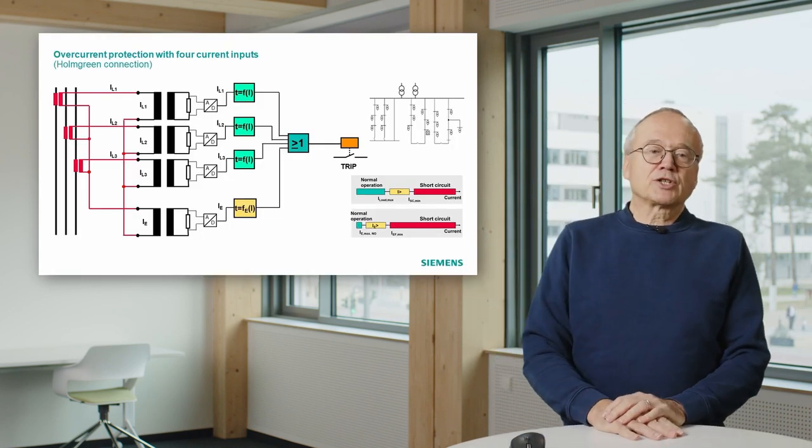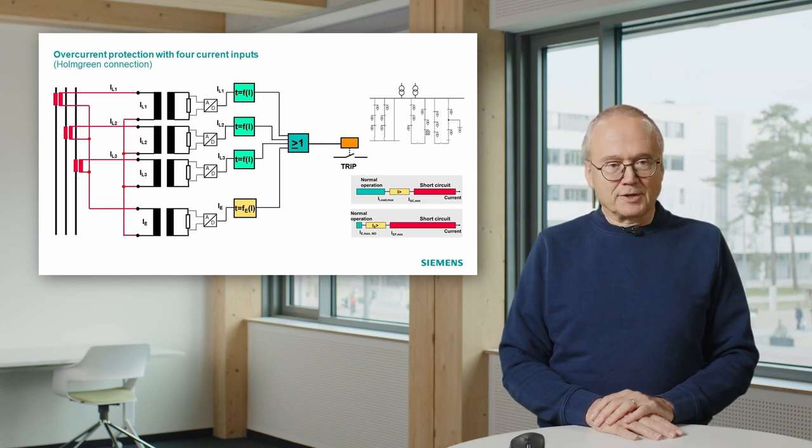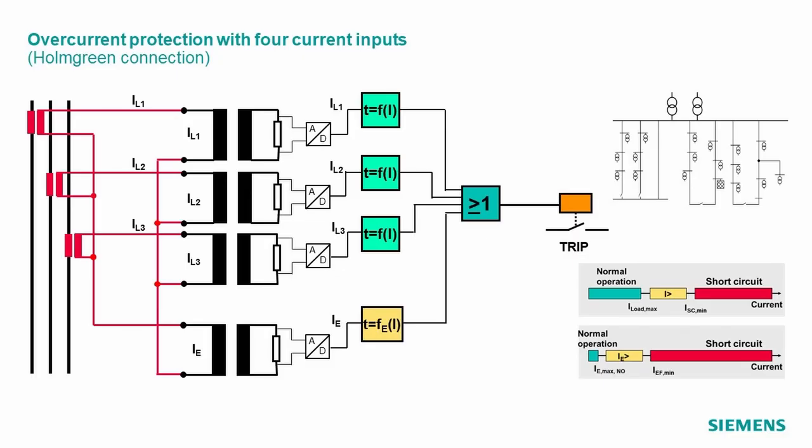Remember, overcurrent protection relays have a structure which is shown on the left side of this slide. We measure the current in the three phases, and this goes into the protection relay. We do some analog to digital conversion. That means we measure then the current values, and then we have these green blocks which make a decision if the current value is above a certain limit, it may trip or not.